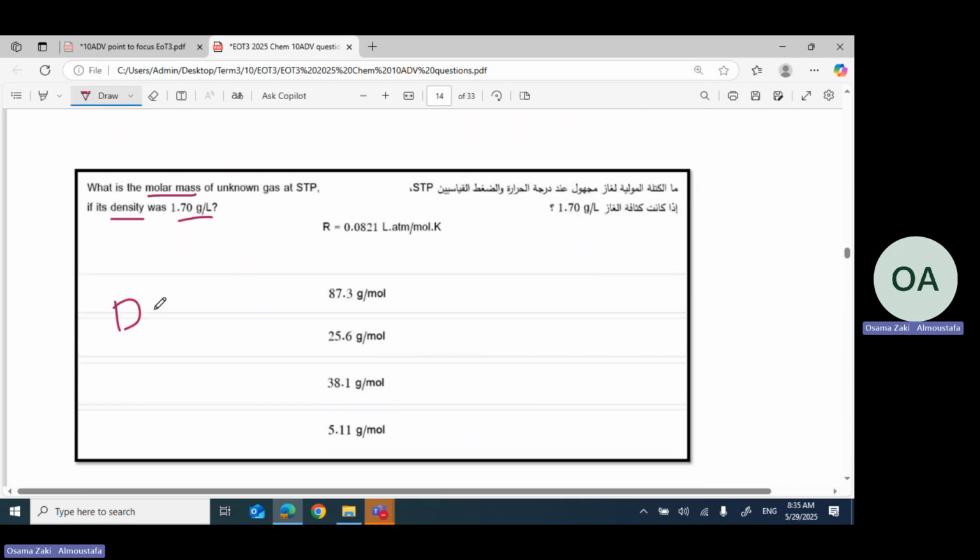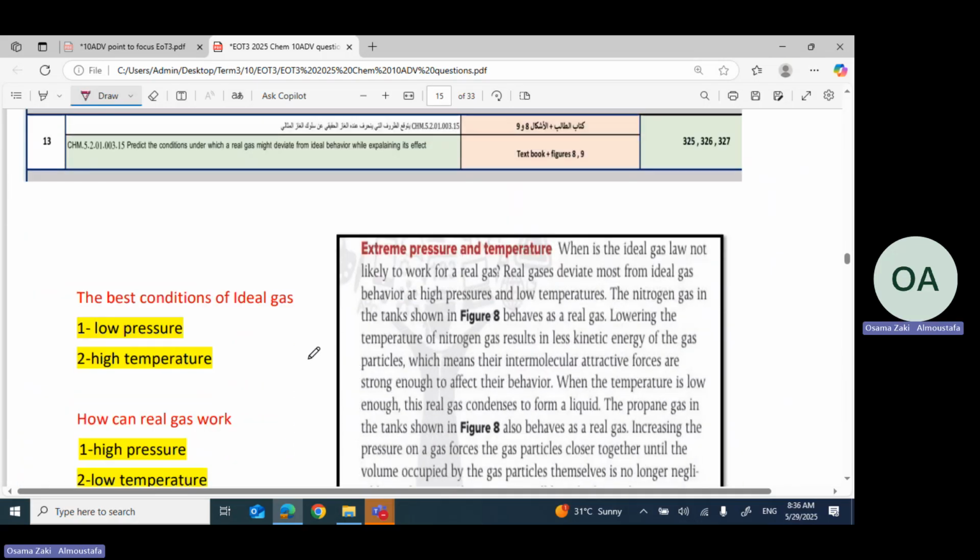So you have to use this one, MP over RT. So density is 1.70 equals molar mass is not given. STP, okay, so the pressure is 1 and the temperature is 273, times R, this is R. Use your calculator.